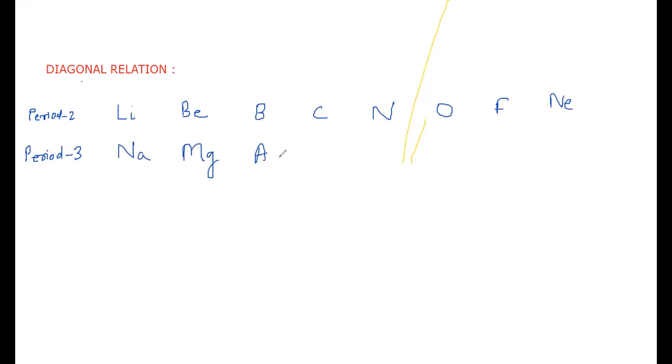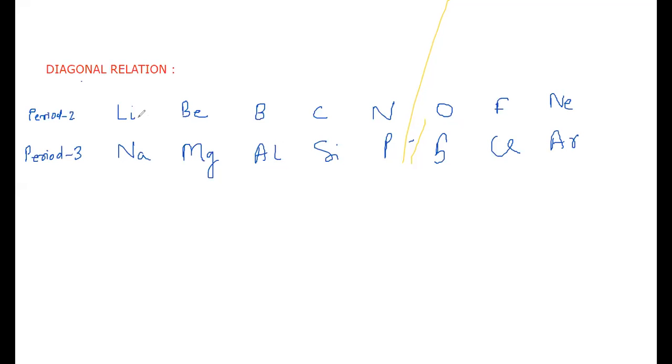So if you take period 2 elements and if you take period 3 elements, period 2 elements are like lithium, beryllium, boron, carbon, nitrogen, oxygen, fluorine, neon, and period 3 is sodium, then magnesium, aluminum, silicon, phosphorus, sulfur, chlorine, and argon.